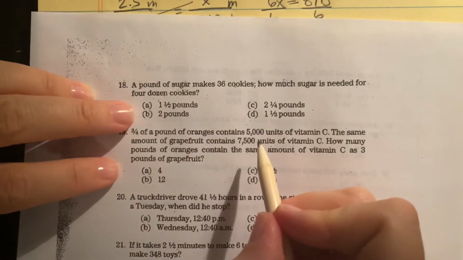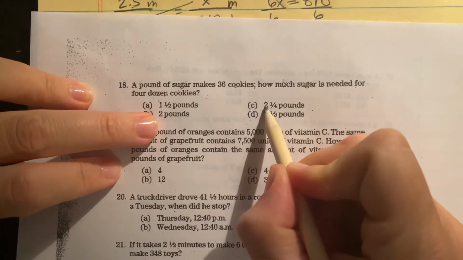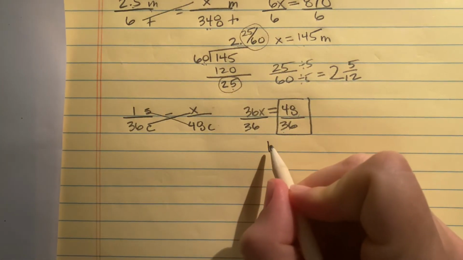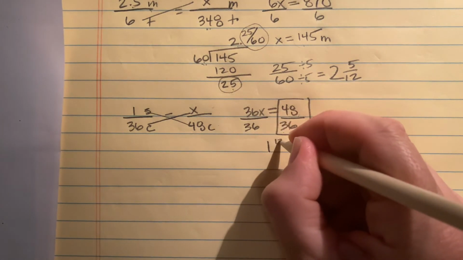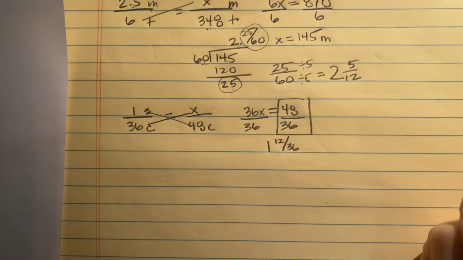Okay, so already, if you're looking at your answers, you know that B and C are out because those both start with 2. It has to start with a 1. Okay, so 36 goes into 48 one time. You have 12 remaining, and denominator stays the same.